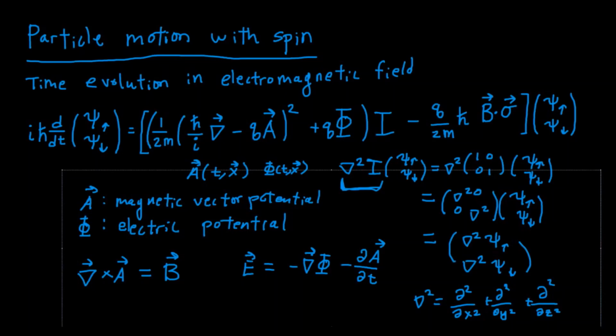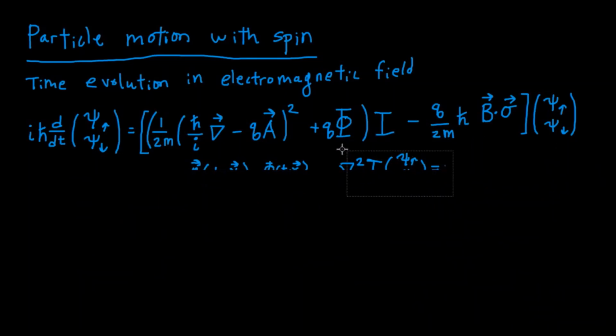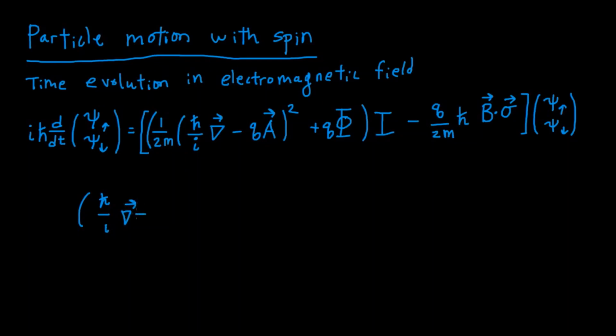All right, now let's clear a bit of this off. The last thing I want to talk about, to fully explain everything, is what it means that we have this thing here and then it's getting squared. That's the final thing I have to say. Okay, so let me just write this out here. h bar over i times del minus q times A, squared, and then we have the identity matrix, and then we have our two-component vector of wave functions here.